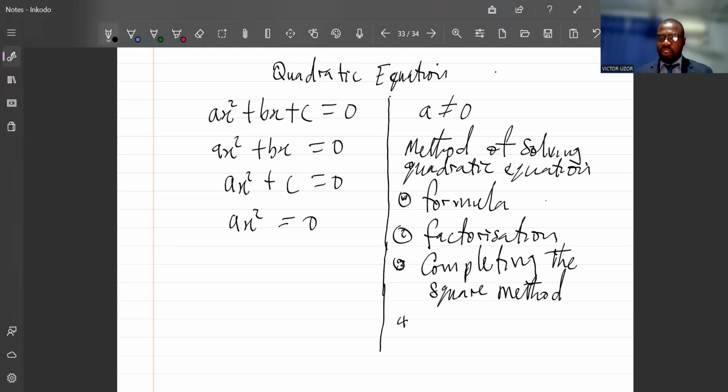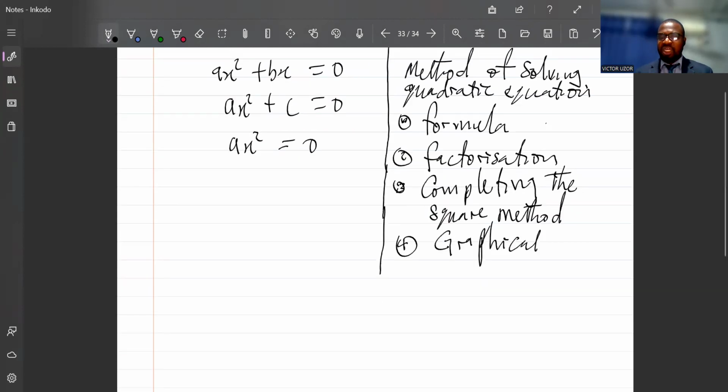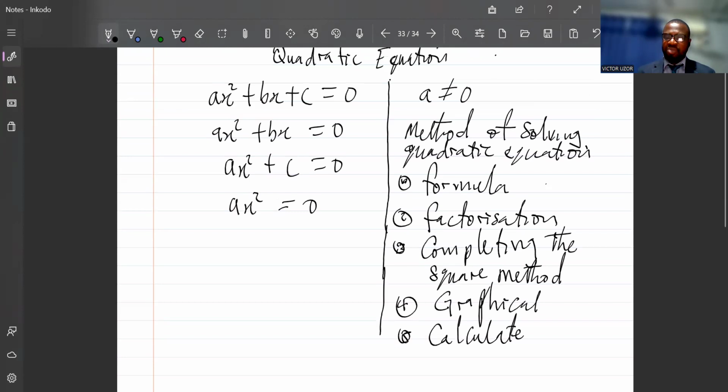The fourth one is the graphical method. And the last one, I like to call the calculator method. You can input it in your calculator and get your x value immediately. I would like to make my video very short so that it is easy for you to get what we are doing.